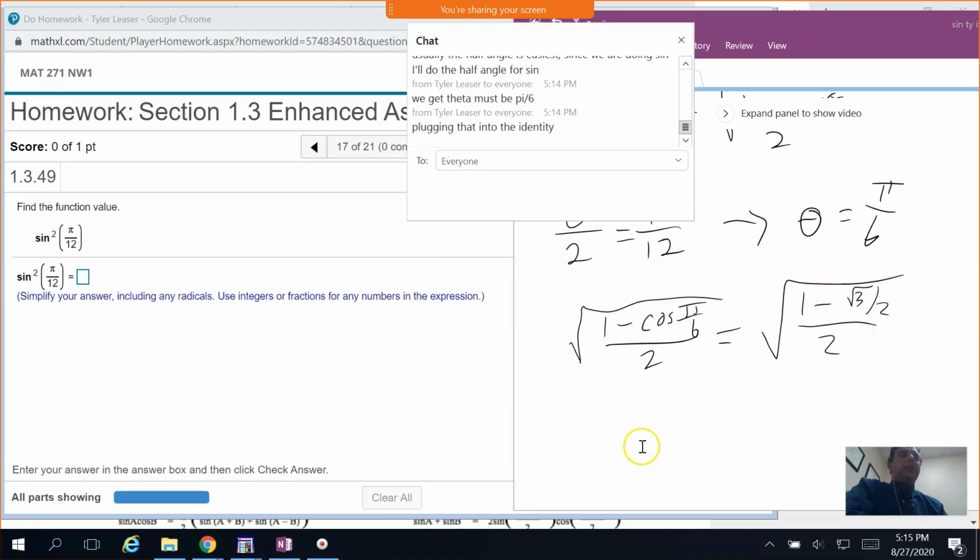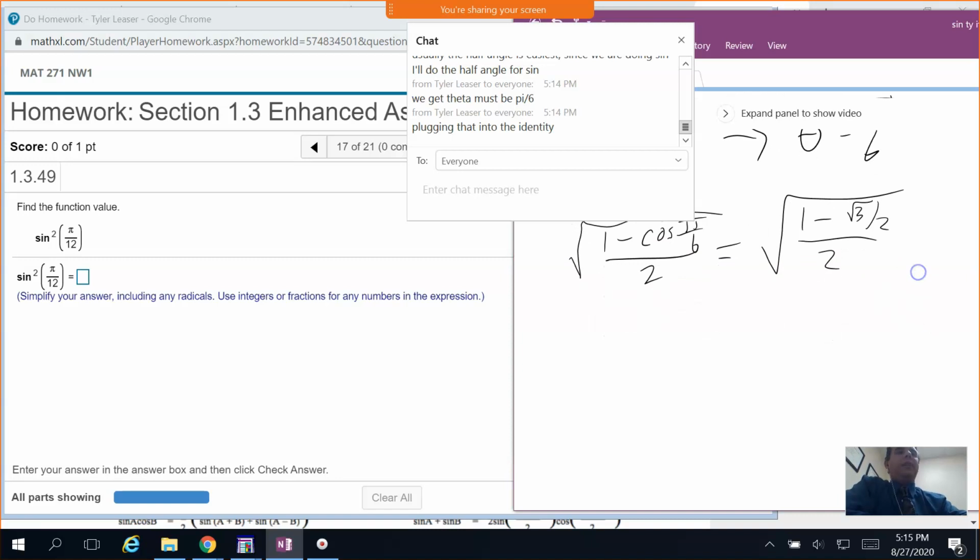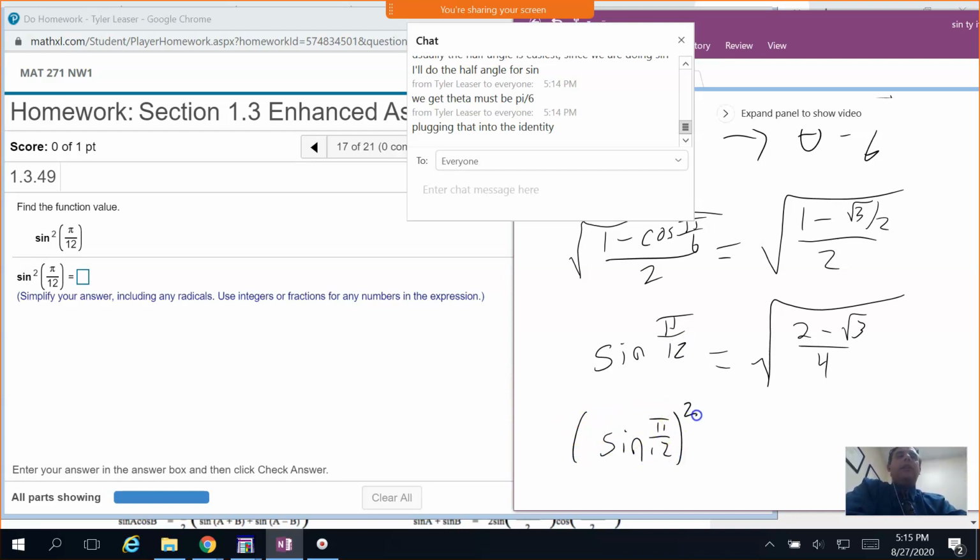And then you can just solve this however you want. I would probably multiply top and bottom by 2 inside the square root. That'll give me 2 minus root 3 all over 4. And then the last part is that this is what sine of pi over 12 is equal to. The question was asking us to find sine of pi over 12 squared, which we get just by removing the square root.